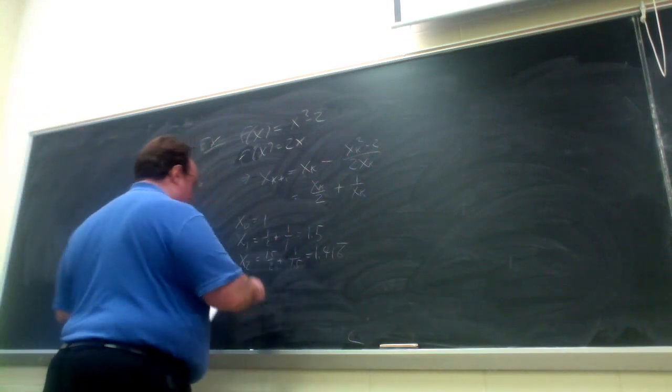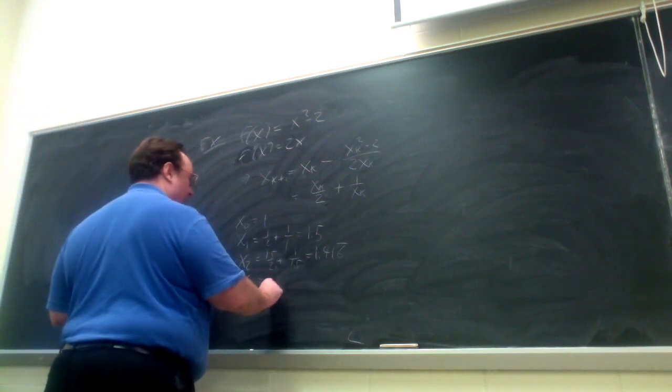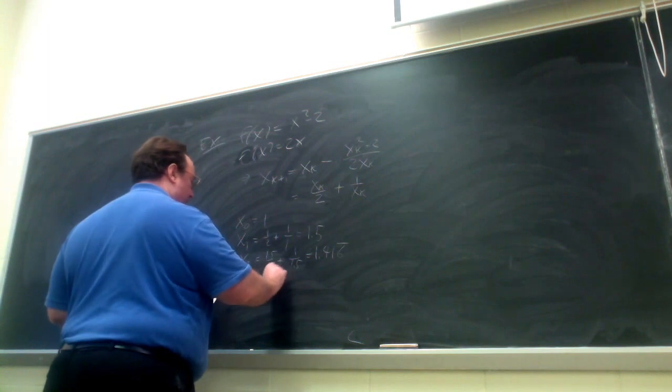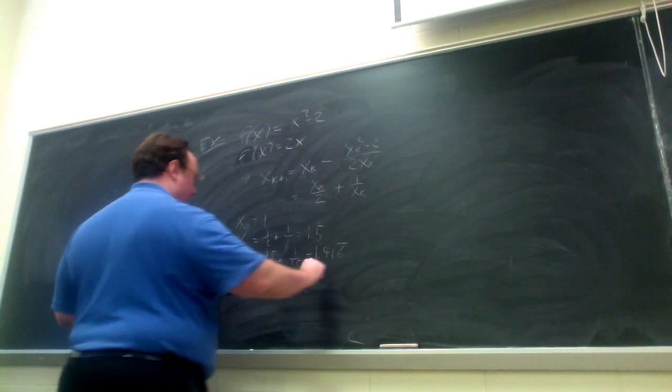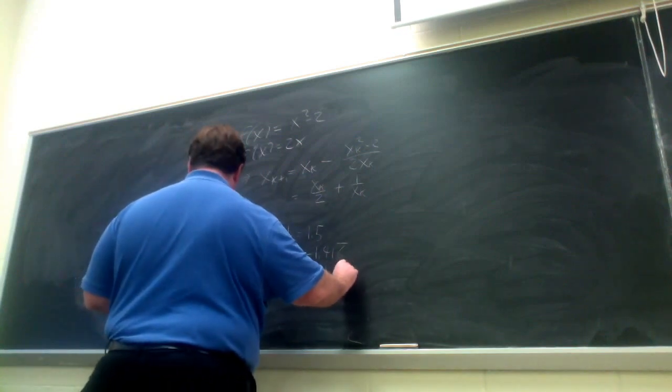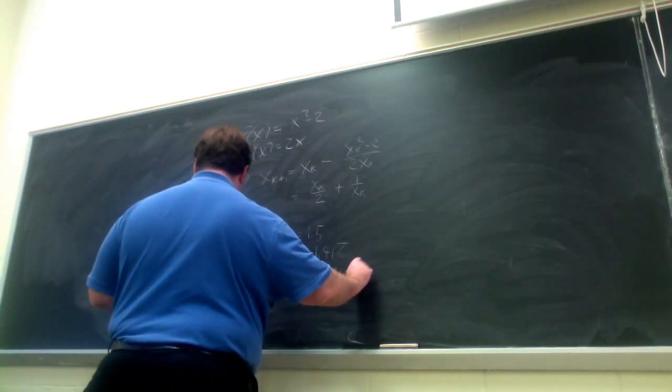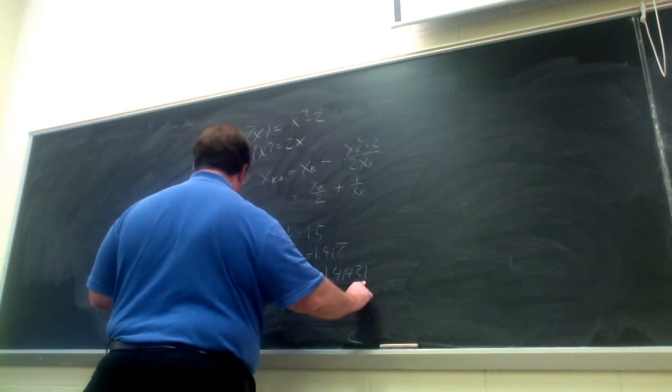And then we do another: x2 over 2 plus 1 over x2. And we get 1.41421, so these 5 decimal places are correct.